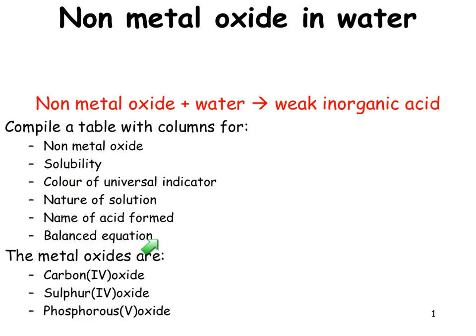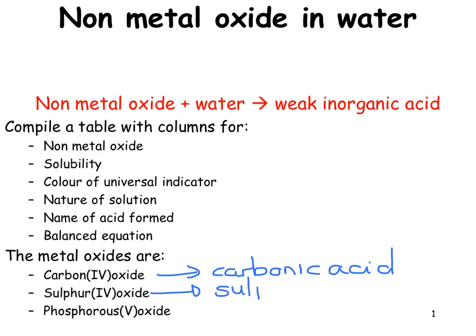You're going to get a balanced equation each time that you need to write. Carbon dioxide, when it dissolves in water, forms an acid called carbonic acid. Sulfur dioxide forms not sulfuric acid, sulfurous acid.